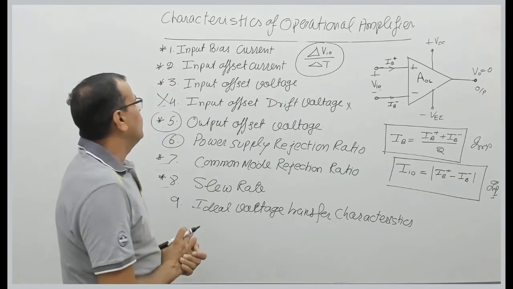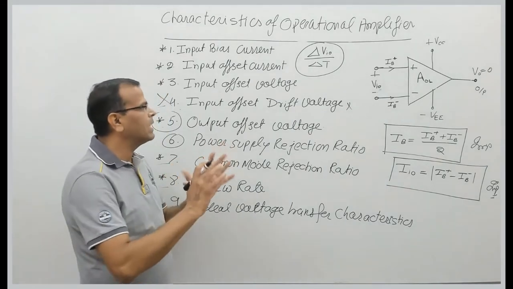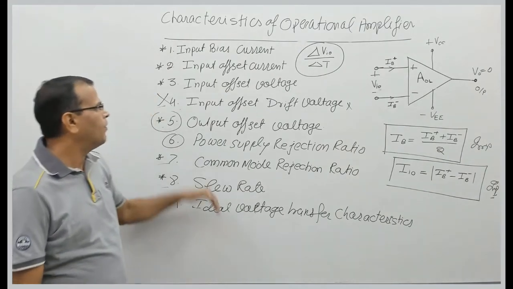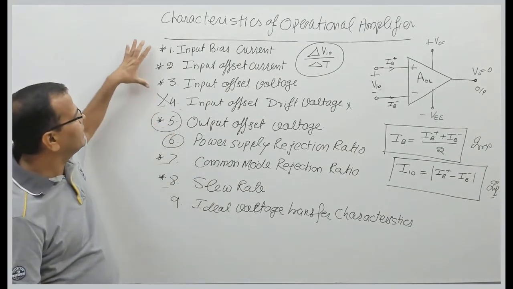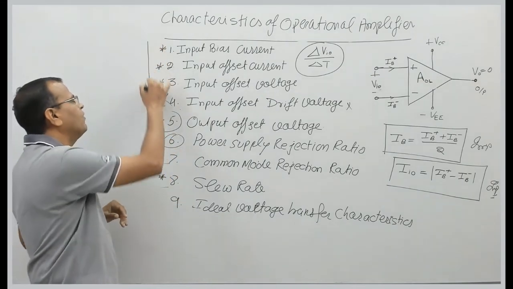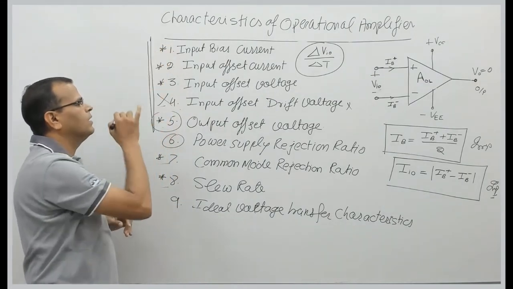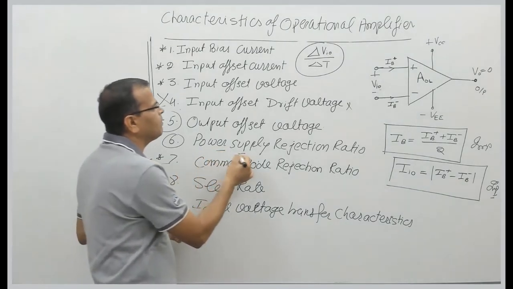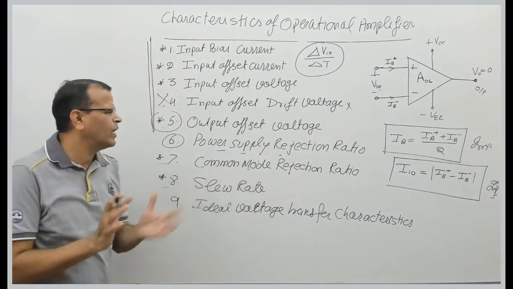Now we have certain mathematical expressions from this topic onward. We have discussed these 5 topics, and there is one more topic, that is power supply rejection ratio, which is also a theoretical topic.